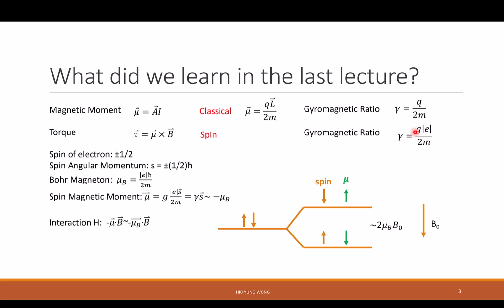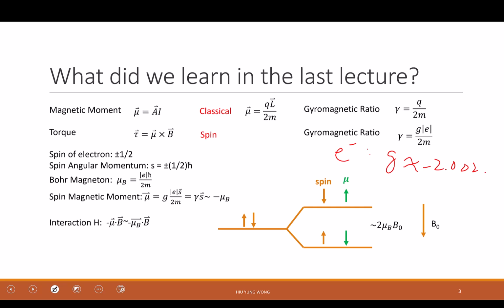And for electron, g turns out to be about negative 2.002 and something keep going. So the scientists keep trying to find out the exact value, trying to increase the precision, because this is actually related to the structure of the universe.